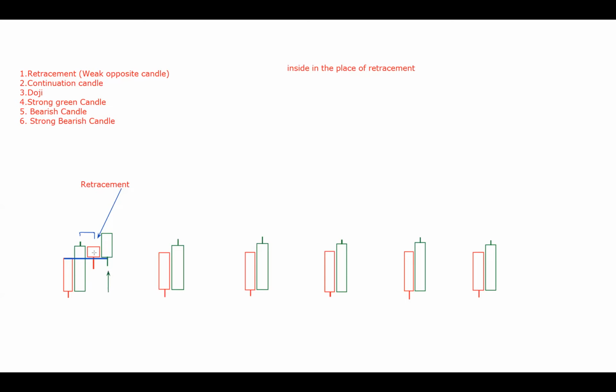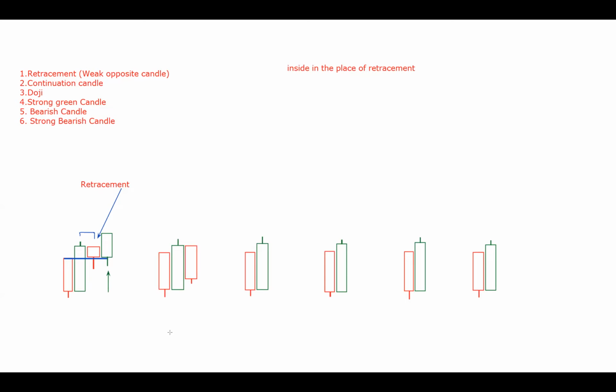So the number 1 way: after retracement, we can buy. Okay. So this is a weak candle. It is possible the next candle will be a bearish candle more than the weak candle, right? Which is this candle? Dark cloud cover. So is dark cloud cover a retracement, or is it a pattern?